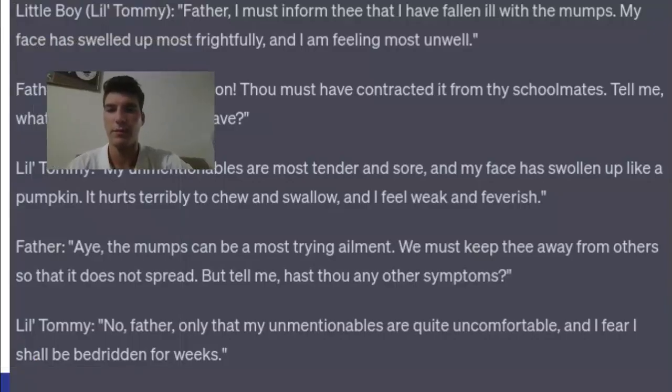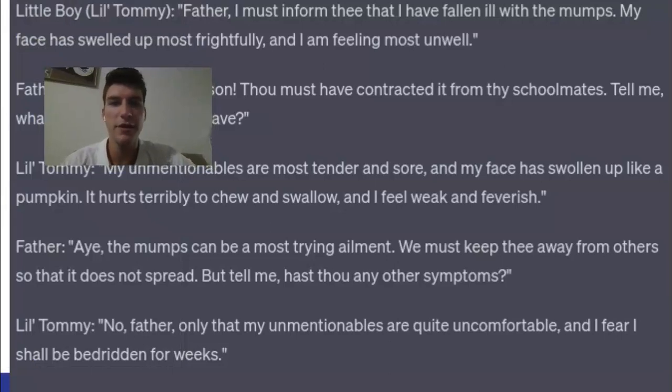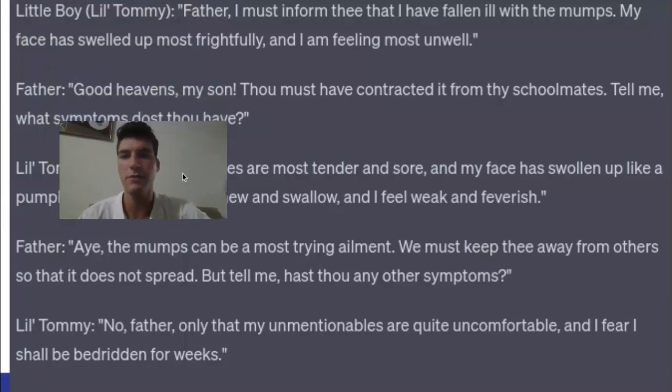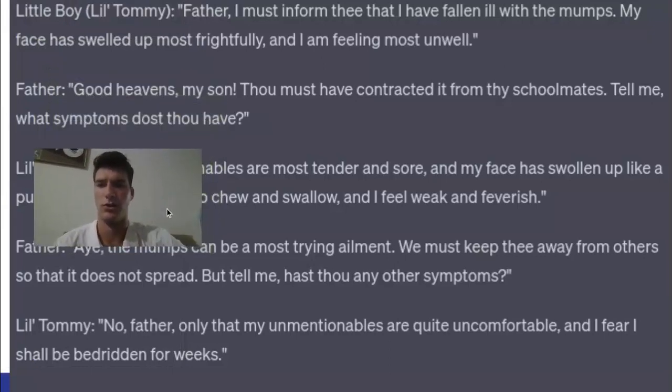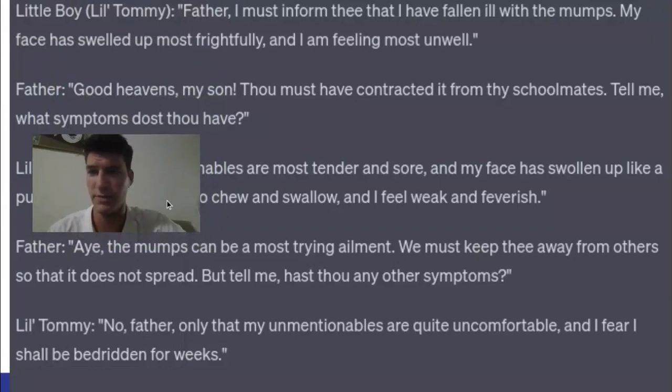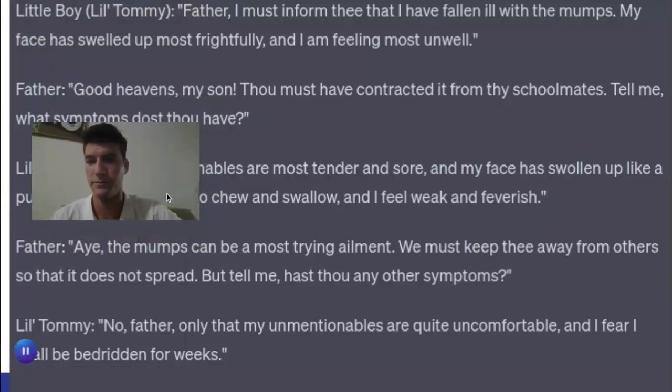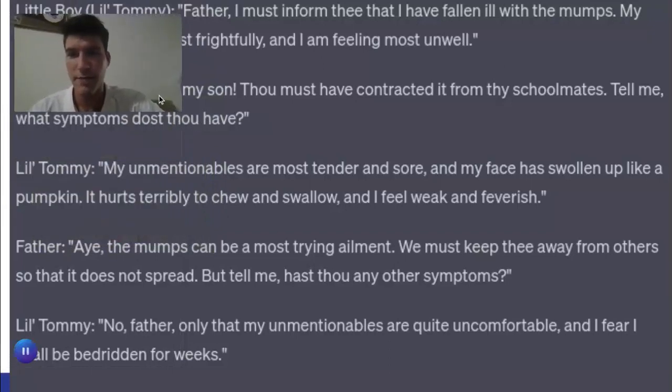Father, I must inform thee that I have fallen ill with the mumps. My face is swelled up most frightfully, and I'm feeling most unwell. Good heavens, my son. Thou must have contracted it from thy schoolmates. Tell me, what symptoms dost thou have? My unmentionables are most tender and sore, and my face has swollen up like a pumpkin.